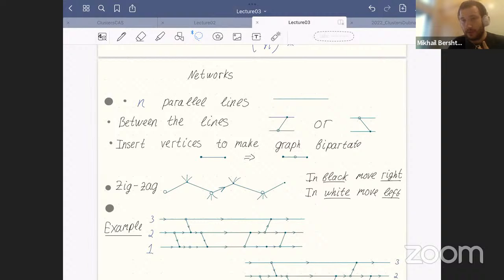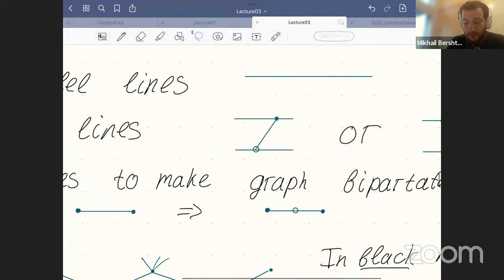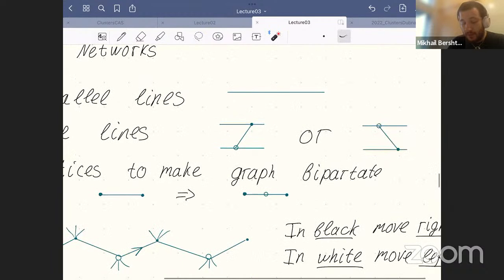On this set of lines, I will draw a graph, which will be, first of all, two-colored. Vertices will be either white or black. I will call it black, despite the fact that I pick another color, teal. White is on the left and black comes on the right, and segments are not perpendicular to the lines, they are like this.